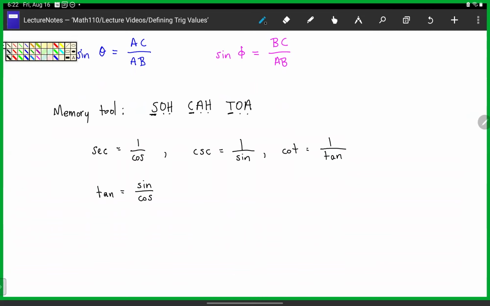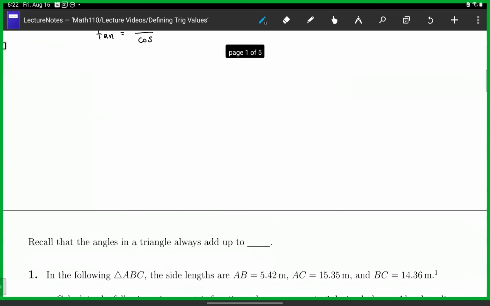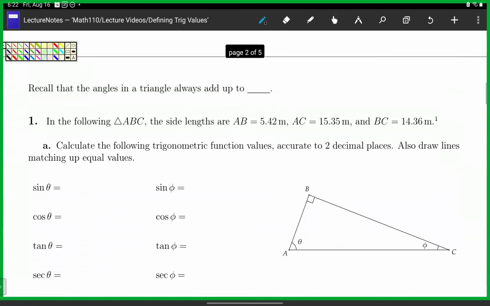So these are a few things that are good to remember about relationships between the functions themselves and also the definitions of the three basic functions. All right.